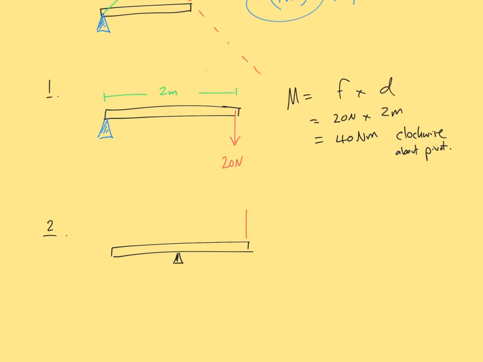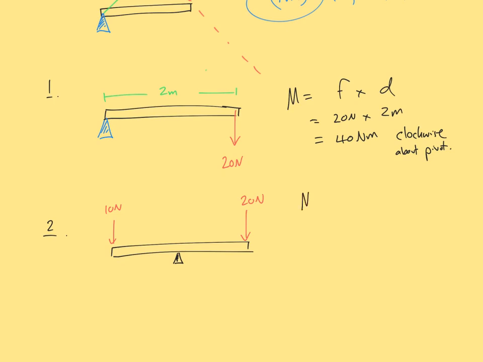Let's stick one force on this end, 20 newtons, and let's have a different force on this end, that's 10 newtons. So here we've got the 10 newtons trying to turn the thing this way, the 20 newtons trying to turn the thing this way. So each one of these forces has its own turning effect. So what we have to do here is look at the turning effect of one, look at the turning effect of the other, and then see what that means overall.